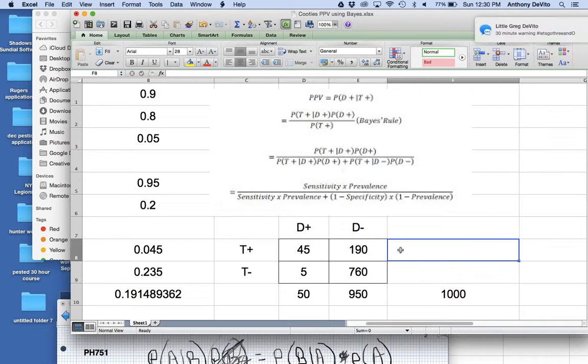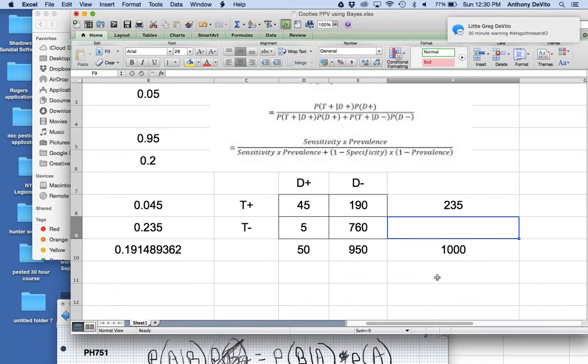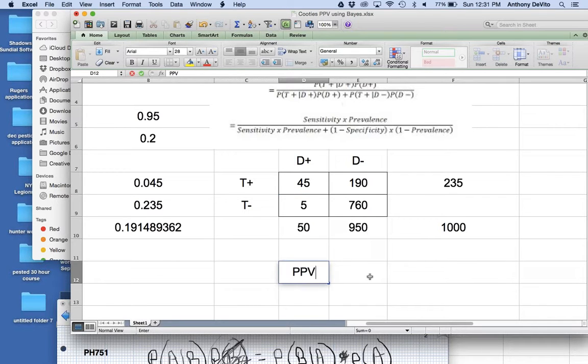So if I look at this, how many people have tested positive? 45 plus 190 people have tested positive. I'm not worried right now about how many people test negative. So 235 people total tested positive, and 45 of them actually had the disease. So what would be my positive predictive value in this case?